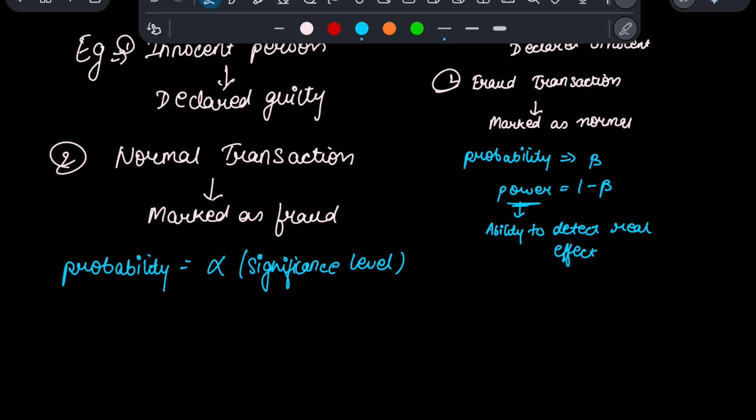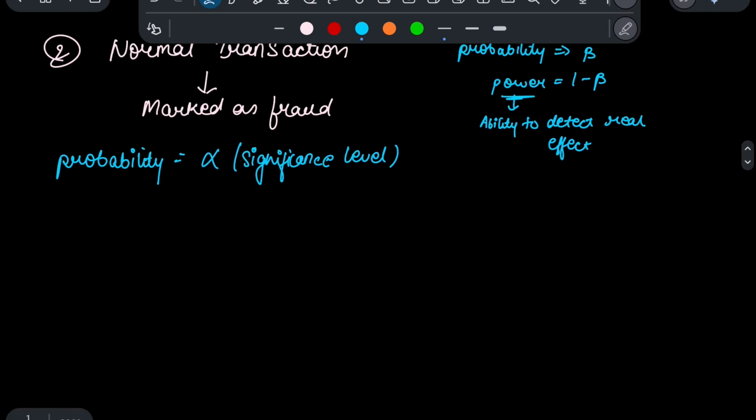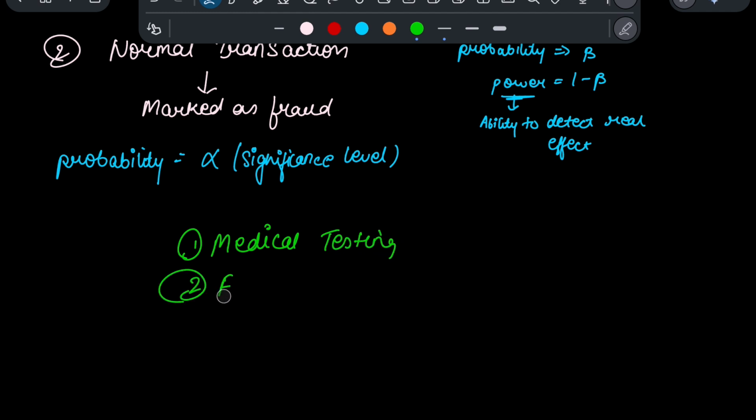Okay, so let me talk about the real life data science applications of these two errors, like where are they used. So the type 1 and the type 2 errors are used first in the medical testing. It is also used in the fraud detection, as I gave you the example, and it's also used in the spam filtering.